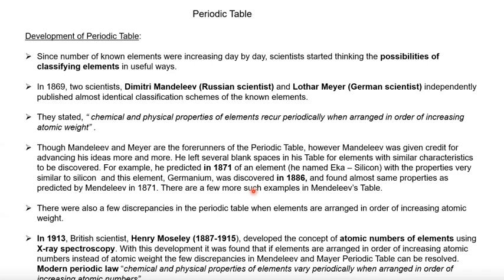Even then, we see there are some discrepancies in Mendeleev's tables. But fortunately, Henry Moseley developed atomic numbers of elements using X-ray spectroscopy, determining the atomic number of each and every element.